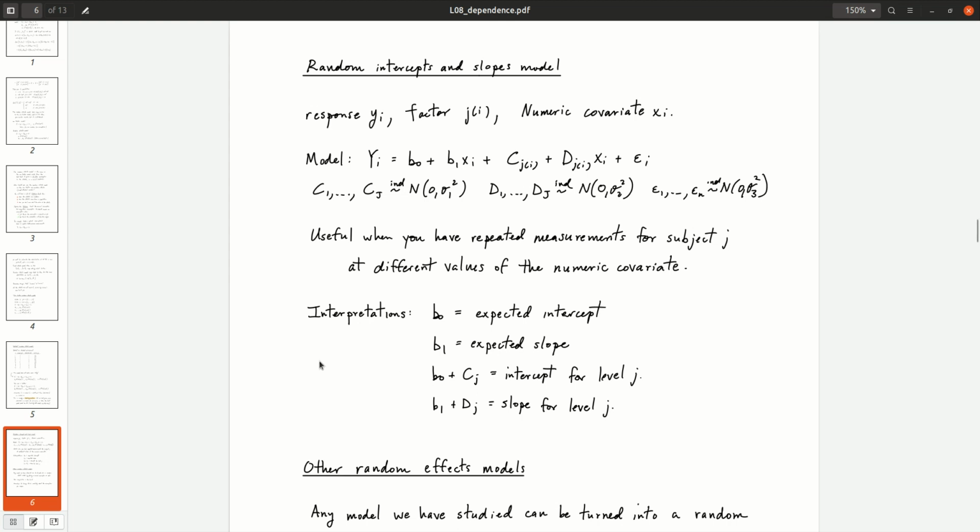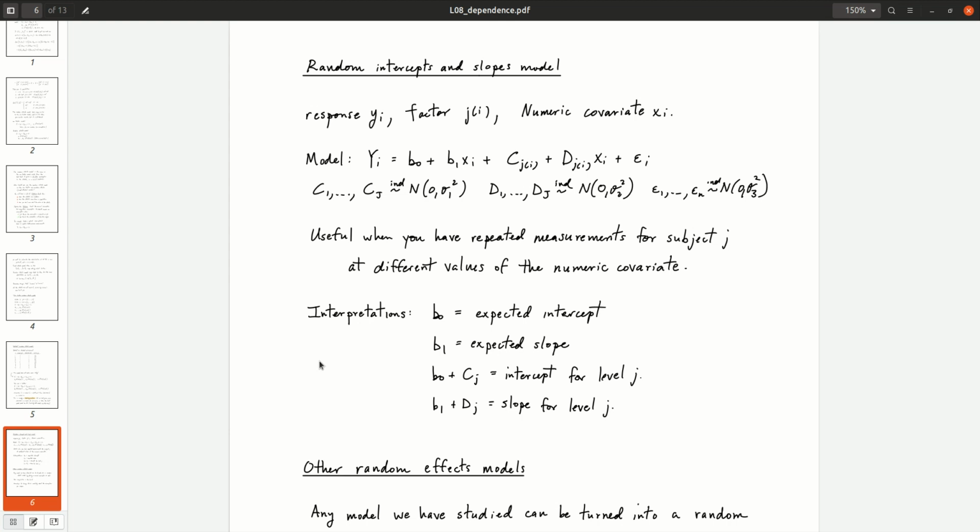So we're thinking of this as each individual subject has its own line as a function of x sub i. And then the slopes and intercepts for those lines follow normal distributions, where the expected value of the intercepts is B sub 0, and the expected value of the slopes is B sub 1.